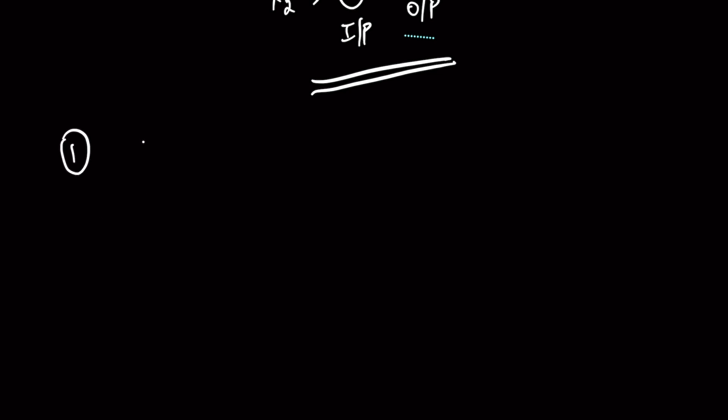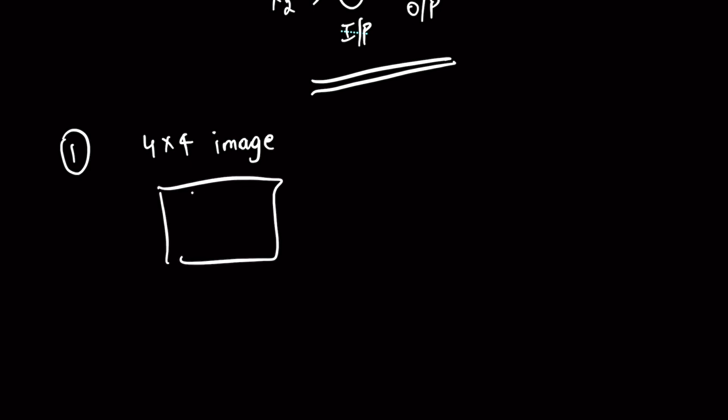First option, assume we take a 4 by 4 image. What do I mean by a 4 by 4 image? It's an image which has a height of 4 and a width of 4, so we have a total of 16 pixels.